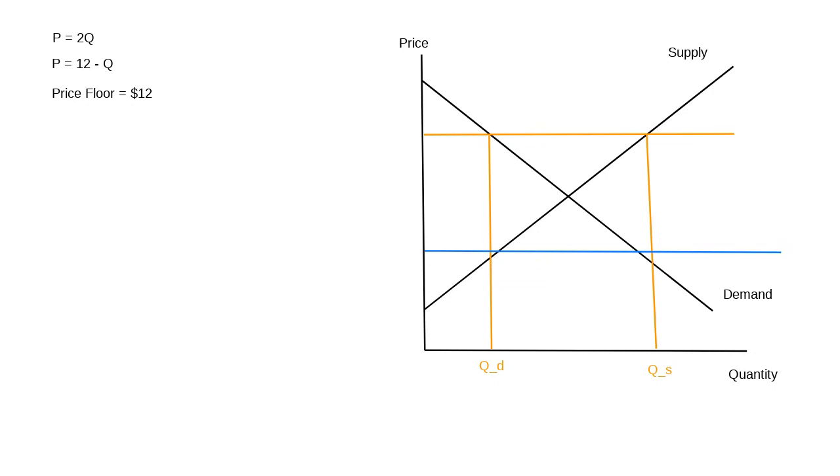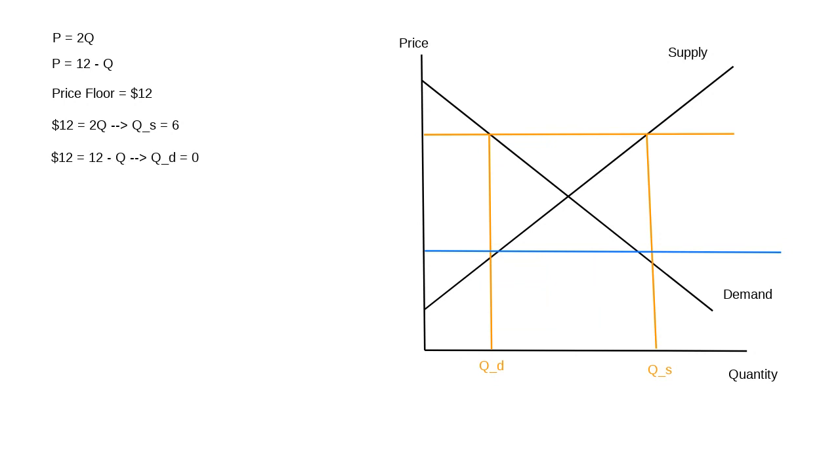In this scenario, the quantity supplied is 6 units. We can do the same with demand. So $12 is equal to 12 minus Q. What is the quantity demanded? Subtract the 12, get rid of the minus signs. The quantity demanded is 0 units.